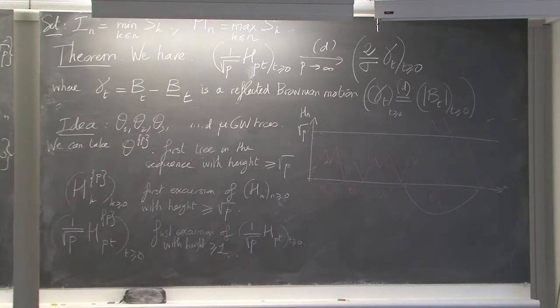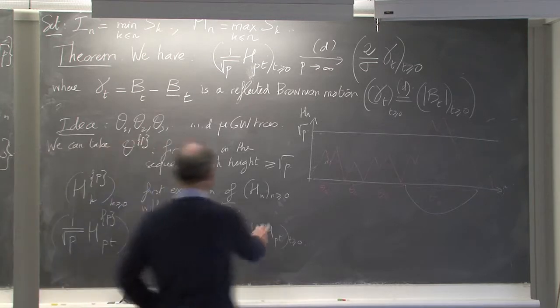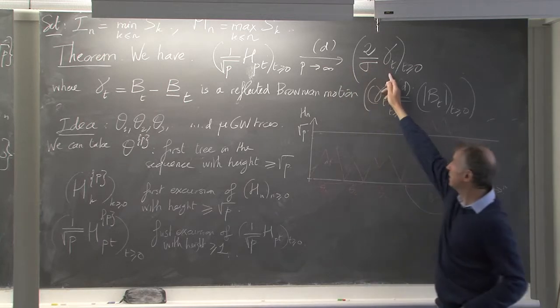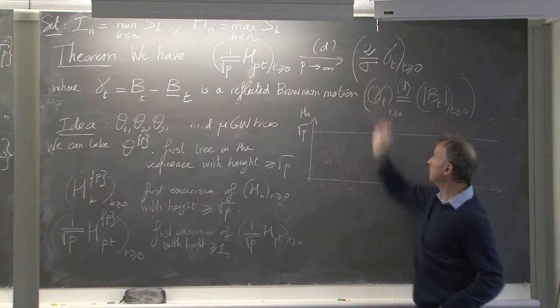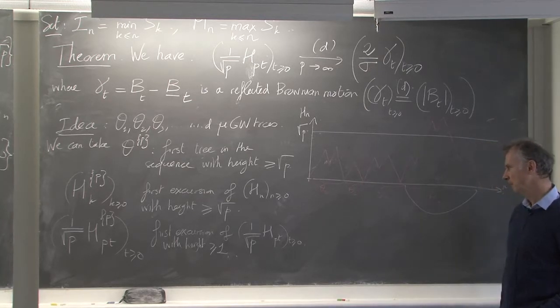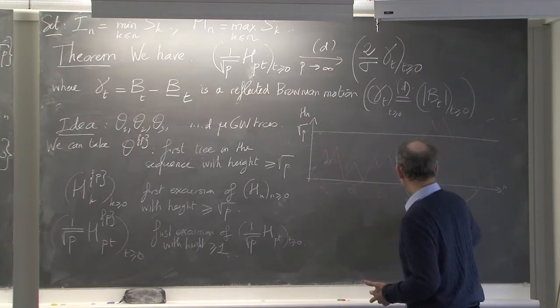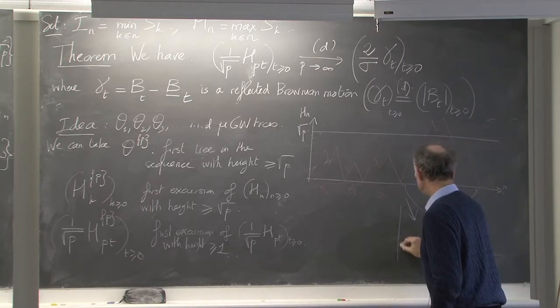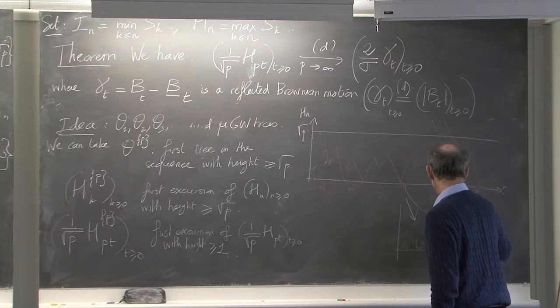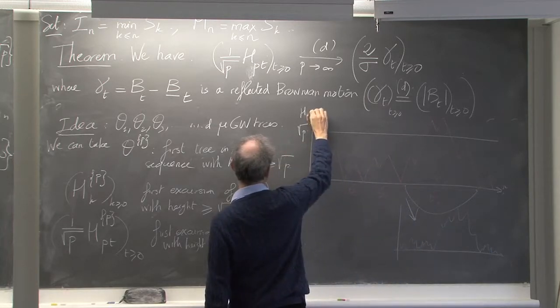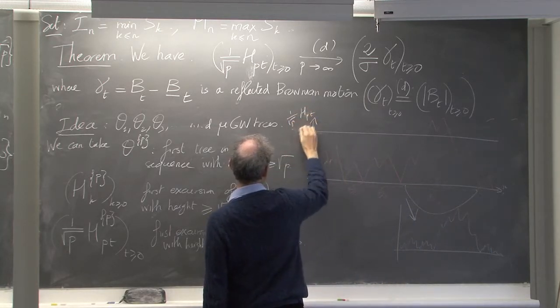So it's just scaling. And now you say, well, this object here, I know what it does asymptotically, by the theorem. It converges to this reflected Brownian motion, multiplied by the constant 2 over sigma. And so you may say now that this object, after rescaling, is going to converge to your reflected Brownian motion. And suppose you have rescaled it, you will have 1 here.